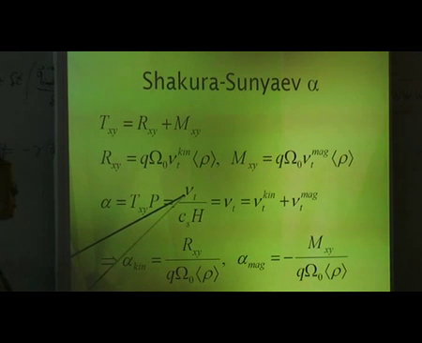You have turbulent viscosity, which at the time when Shakura and Sunyaev invented this, in 1973, the actual nature of MHD turbulence was unknown, but we needed some agreement on what to use if we want to study these disks, protoplanetary disks for example. So it was agreed that the alpha viscosity is directly proportional to the pressure.